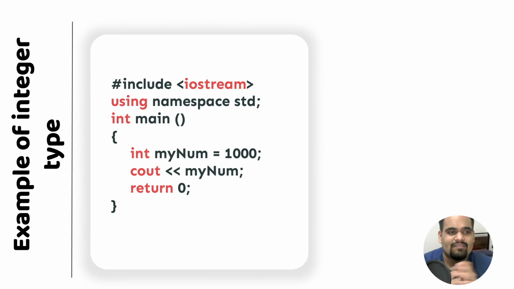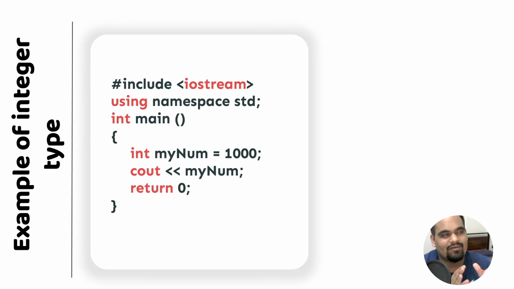Now let's move on to the next part, examples of integer types. I have this simple program where I'm storing a value named int mynum. mynum is storing a value of 1000, and I'm printing mynum as output. You use integers in cases where you can't have decimal values, for example your age, even your birth date.